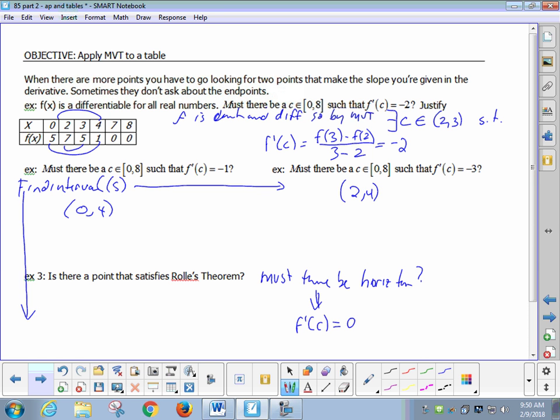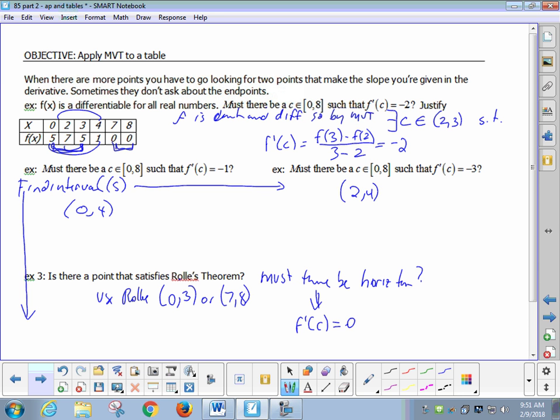Now, if you're looking for where the derivative is 0, or Rolle, you're looking specifically for places where the y's are the same. So you could actually go with two different places. There, the total average change is 0, and later on also there's an average change of 0. So you could use Rolle on 0 to 3 or 7 to 8.